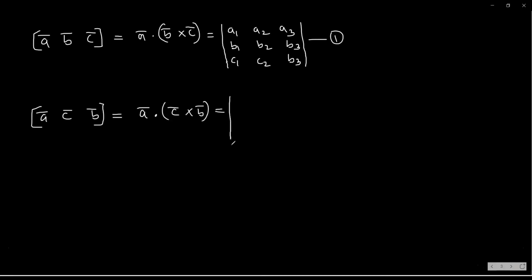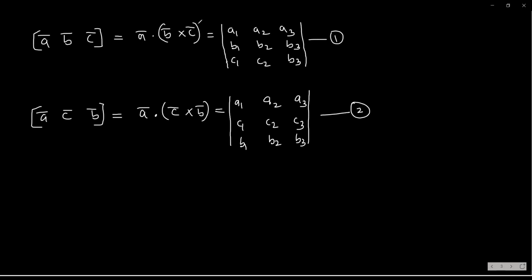And that will be equal to a1, a2, a3, and here you will interchange the rows: c1, c2, c3, b1, b2, b3. You are interchanging the rows, right? Now it is c bar cross b bar, so c bar coefficients will come in the second row. So this is number 2.